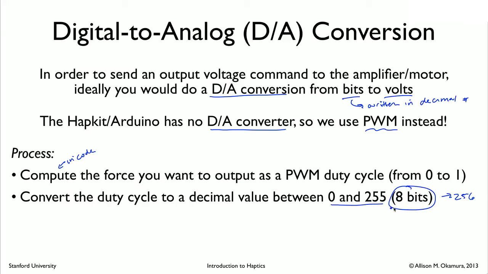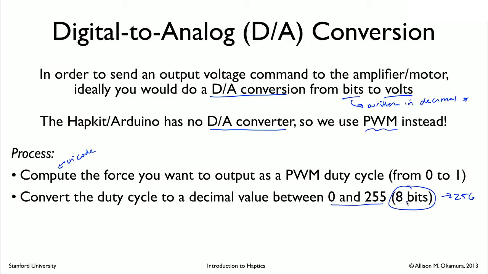So our resolution in D to A is not as high as our resolution in A to D. So remember, that one was 1024. And this is actually very common for A to D versus D to A. On a lot of different mechatronic systems that you'll encounter, the analog to digital resolution is higher than the digital to analog resolution.